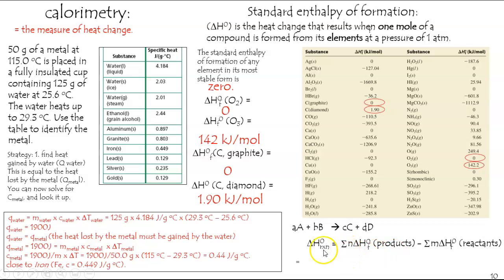This formula is really just nuts, right? The standard enthalpy change of a reaction at standard conditions is equal to the sum of the molar change in the enthalpy of formation of products minus reactants. There's so many symbols here that it messes you up. But if you just think about it, it's just products minus reactants. You look them up in a table.